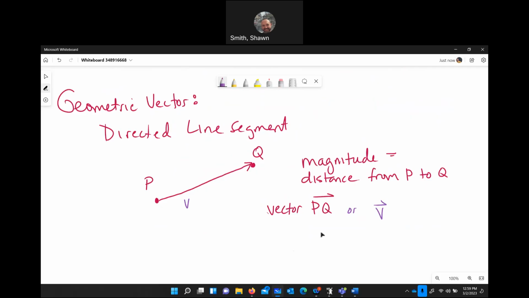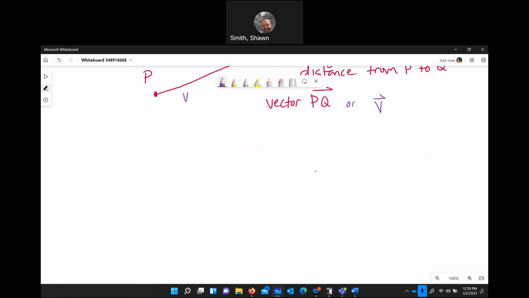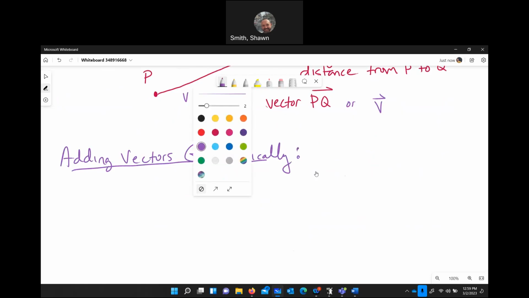All right, how do you add vectors? It's a couple of ways. All right, let's say I have vector V. Let's change colors to red.